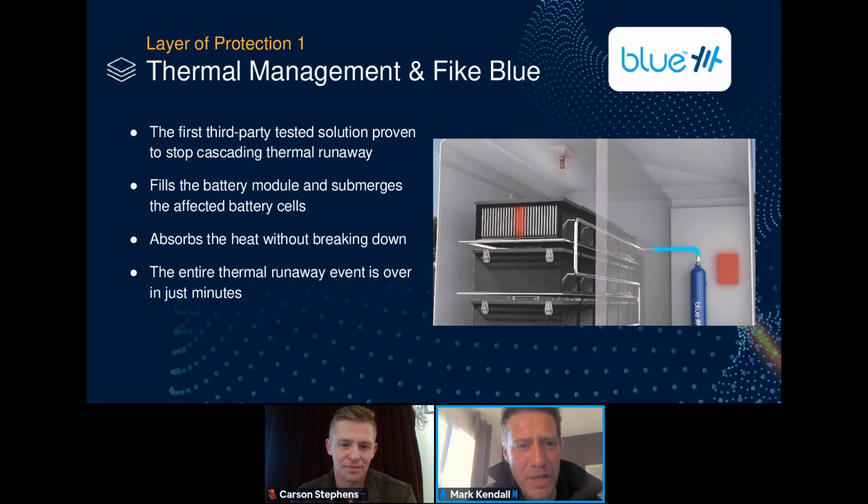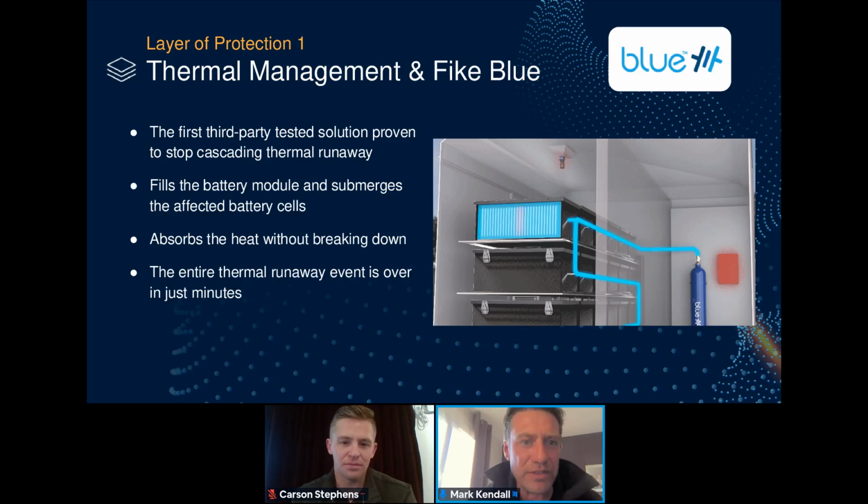But what we tend to find, particularly when it comes to ESS applications, is that the energy density requirements of those modules and of those packs precludes you from using those kinds of techniques. You can't have spacing because you're restricted and you want to keep energy density. You also generally need to keep something called stack pressure, where there is a certain amount of pressure holding the cells together. So in these applications, we need to do something different.